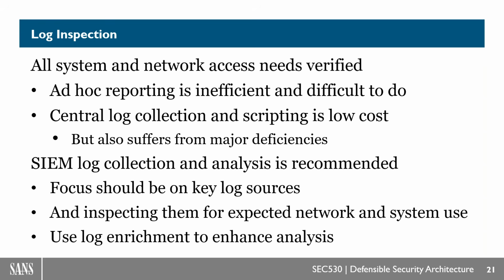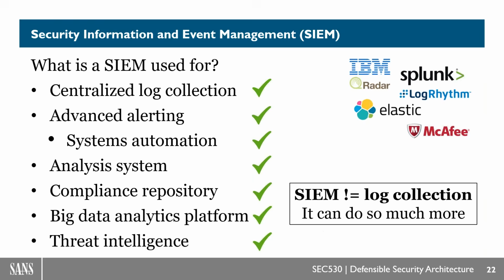Now, also by collecting the logs of what's going on, you're also making it easier for you to implement things like variable trust. Because now I can use that central data repository to do analysis and decision making for infrastructure. Now, this does require a level of maturity. I basically need something like a SIEM.